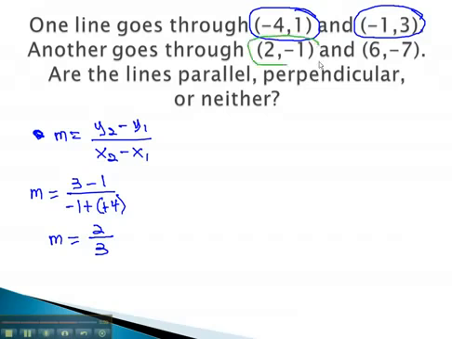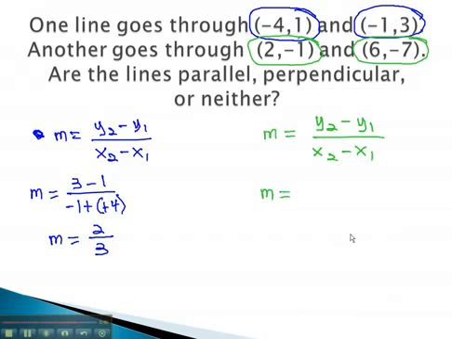We will see how it compares to the second line that goes through (2, -1) and (6, -7). Using the slope formula y2 minus y1 over x2 minus x1, let's plug in our values and see what we find. y2 is -7 minus y1, which is -1, over x2, which is 6, minus x1, which is 2.